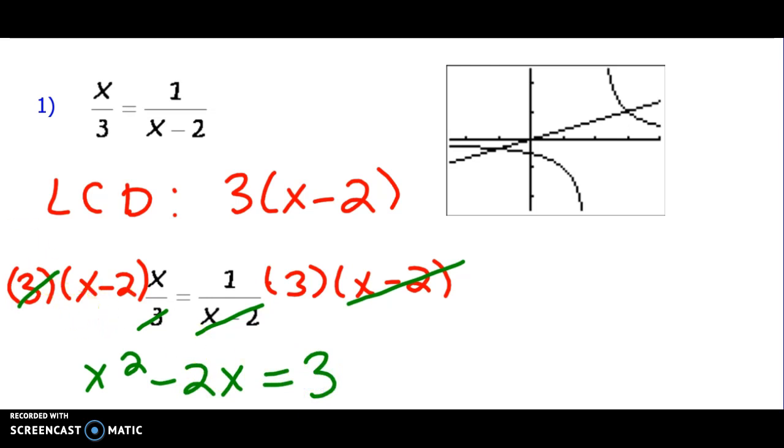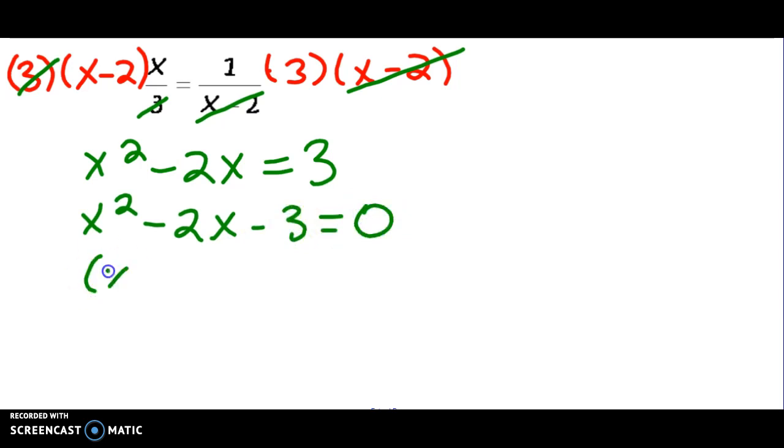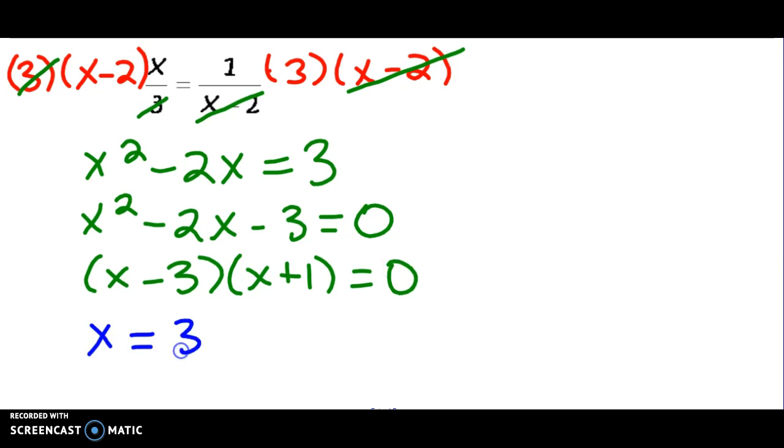To solve that, we would just move everything to one side. So x squared minus 2x minus 3 equals 0. And solve the polynomial by factoring. So minus 3 plus 1. And we set each factor to 0. So x equals 3 and x equals negative 1.